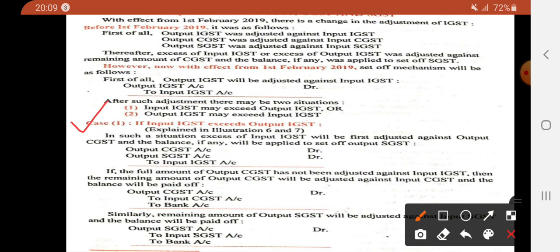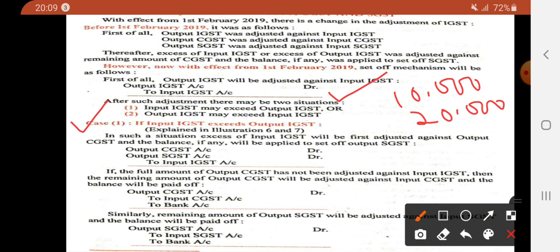So in that case, the first step will be this: output IGST to input IGST. Now suppose your output IGST is, let us say, 10,000, but your input IGST is, let us say, 20,000.